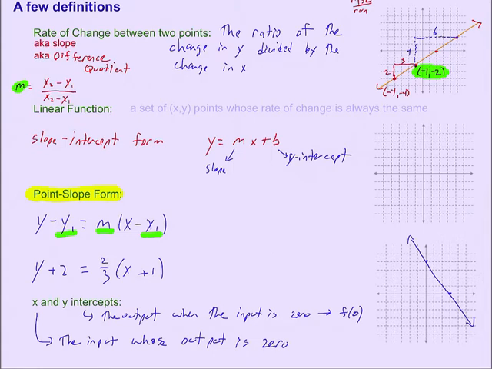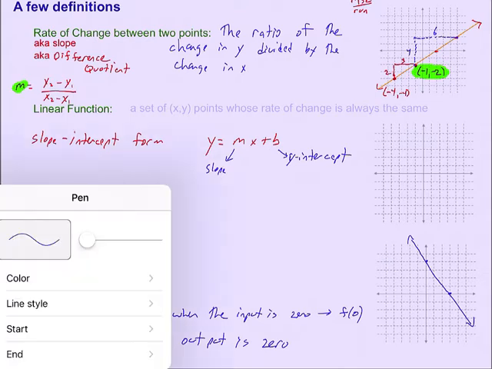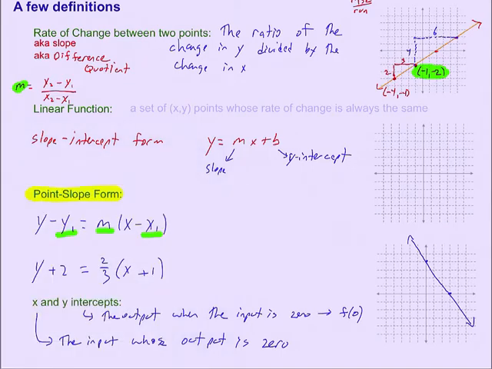If you ever want to find the x-intercept, I'll put a note here: to find the x-intercept, set the y equal to 0, meaning plug in a 0 for the y, and solve for x.